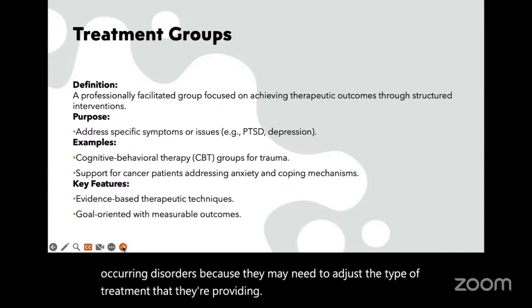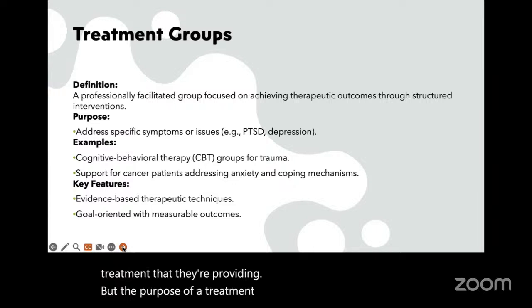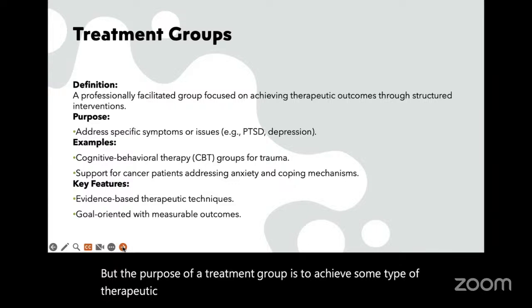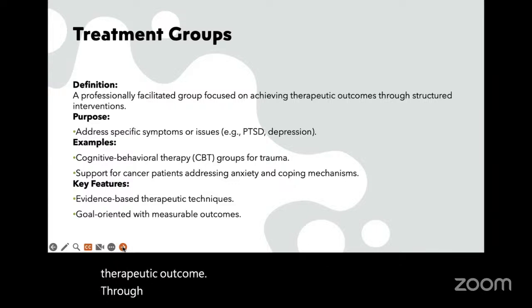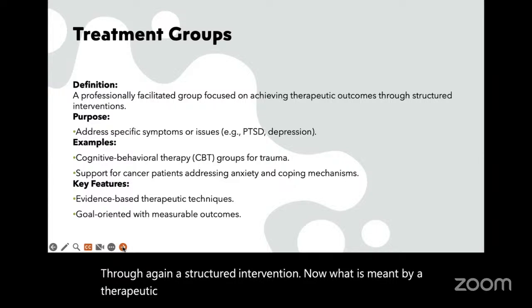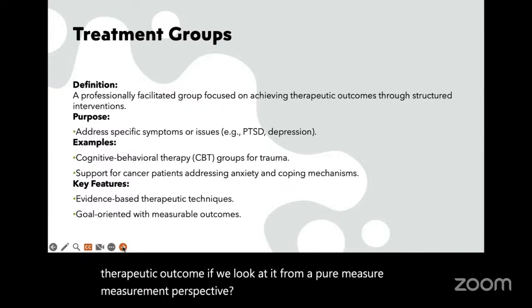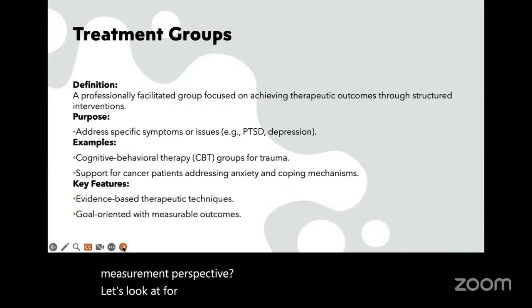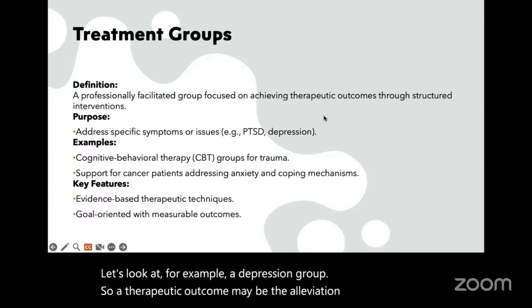But the purpose of a treatment group is to achieve some type of therapeutic outcome through, again, a structured intervention. Now, what is meant by a therapeutic outcome? If we look at it from a pure measurement perspective, let's look at, for example, a depression group. So a therapeutic outcome may be the alleviation of depression symptoms.